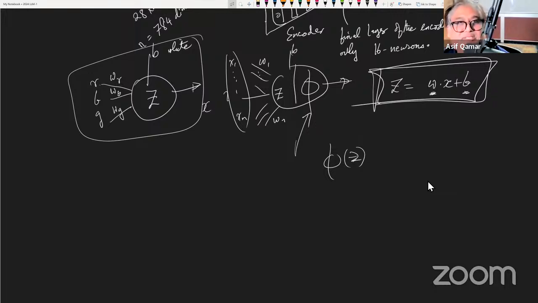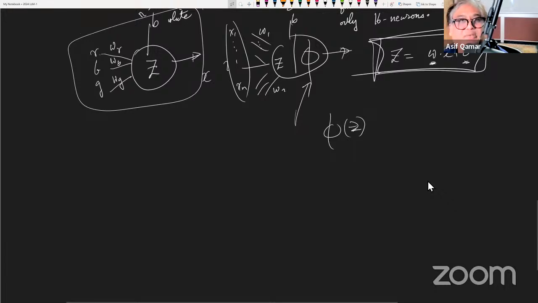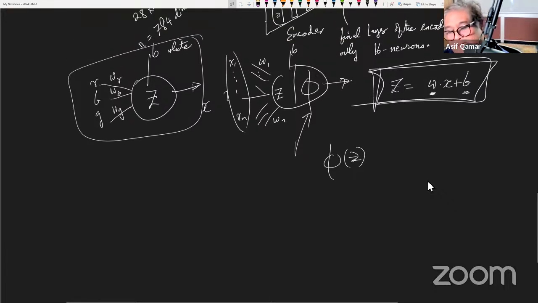The conditions are that it must be continuous. If it is monotonically increasing, not absolutely necessary, but generally a good idea. And so on and so forth. There are certain well-behaved properties. If it is differentiable, even better. If it is not differentiable at just 1 or 2 points, that's okay.